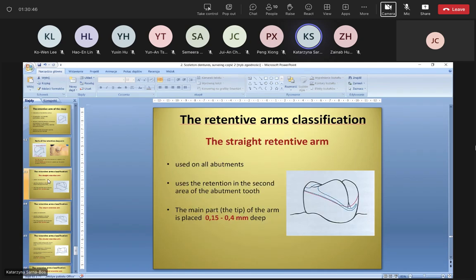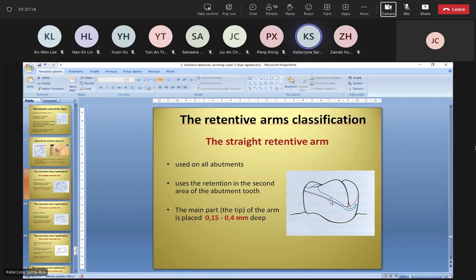The straight retentive arm is used on all abutments. So we can design such a retentive arm of the clasp in all abutments. This kind of arm uses the retention in the second area of the abutment tooth. Remember, the second area of the abutment tooth was placed opposite to the gap.